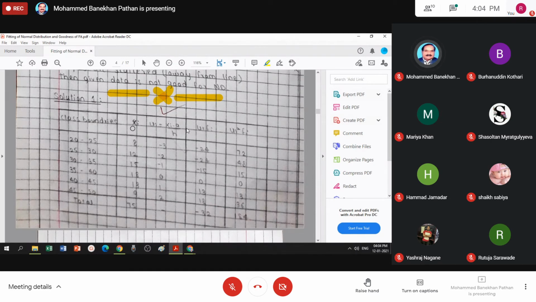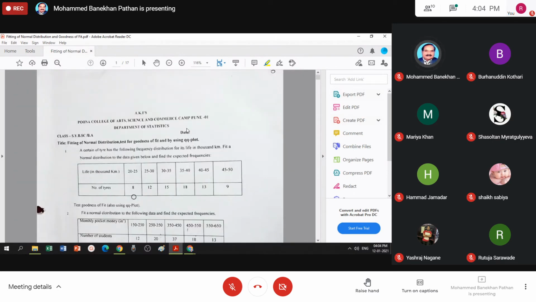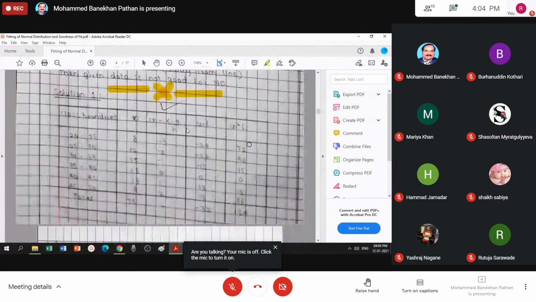This is wrongly written xi; this is fi. In question 1, you have frequencies 8, 12, 15, 18, 39. And this is the life of tires in kilometers. We want to check whether this data is coming from a normal distribution or not. And for this, we apply the procedure. So this is your fi.